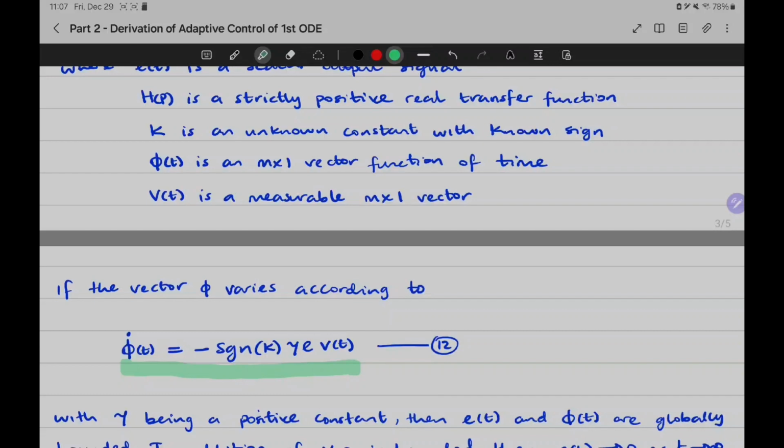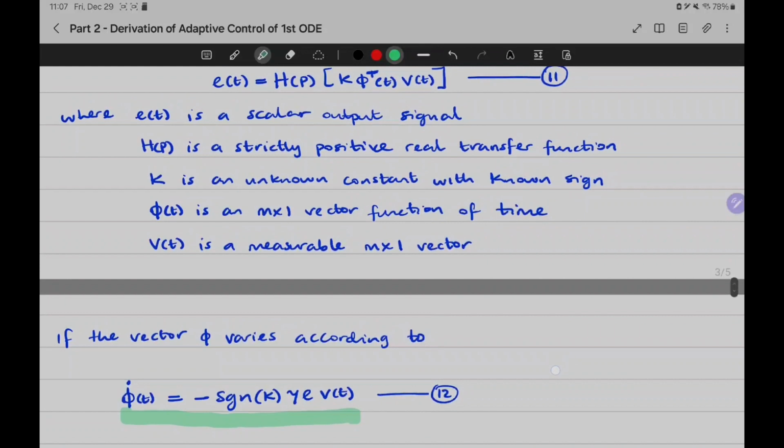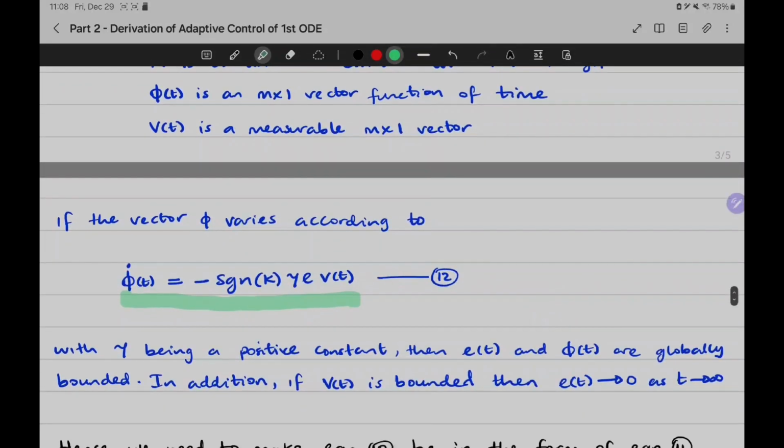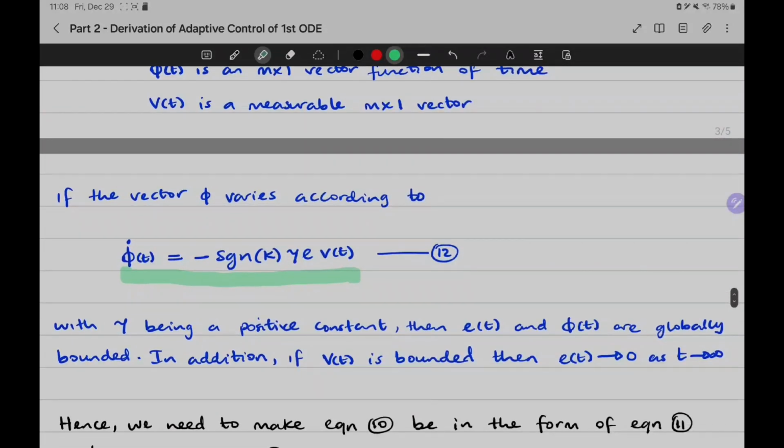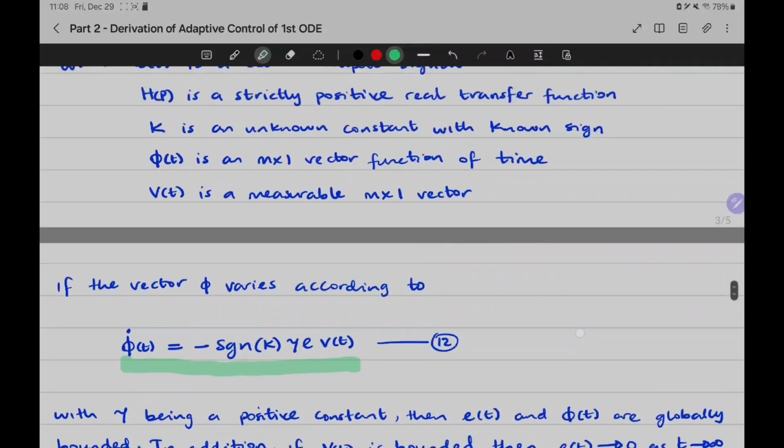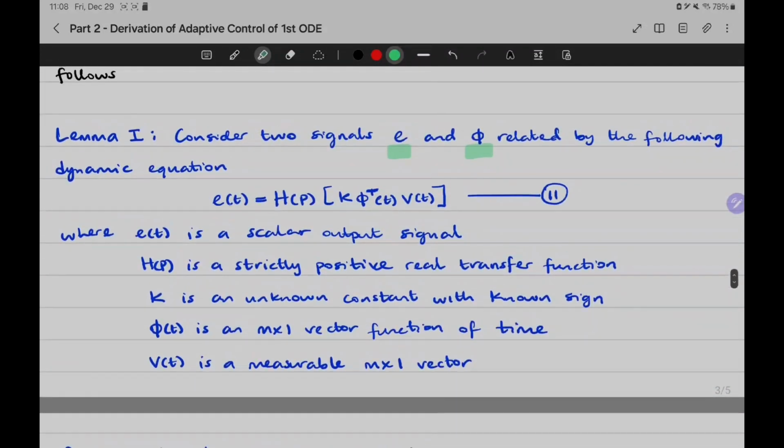Again, I'm not going to go into the proofs, but this is something that everyone uses. I'm very sure if everyone is using it, then that means it's working. You don't need to go into the proofs of this. The main idea here is you want to convert your error dynamics into equation 11 form.